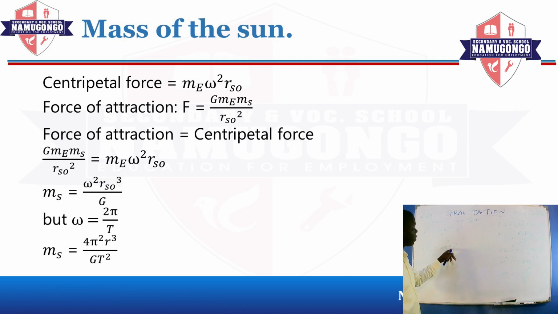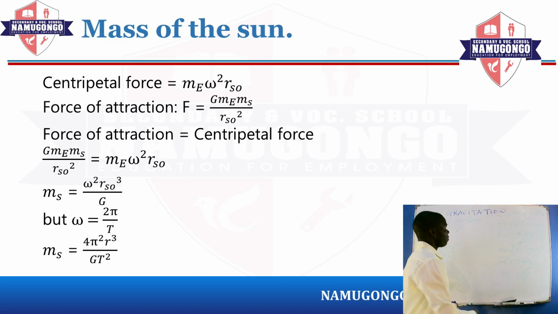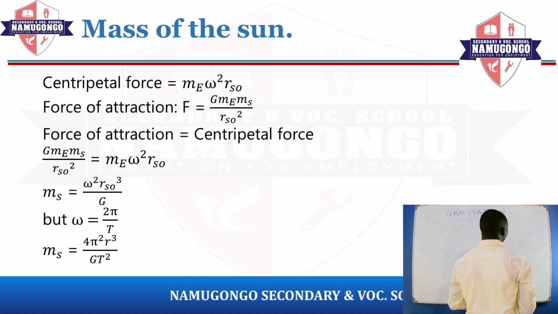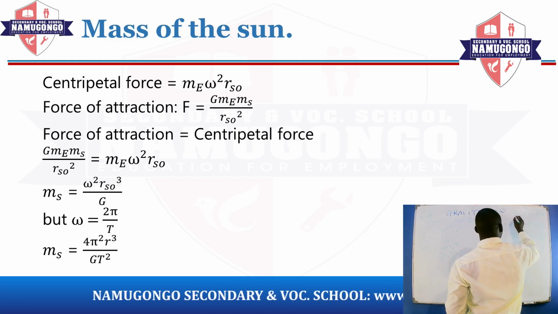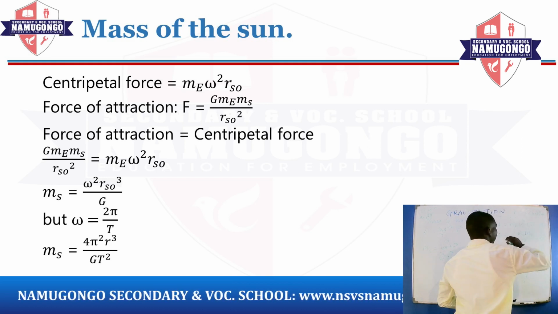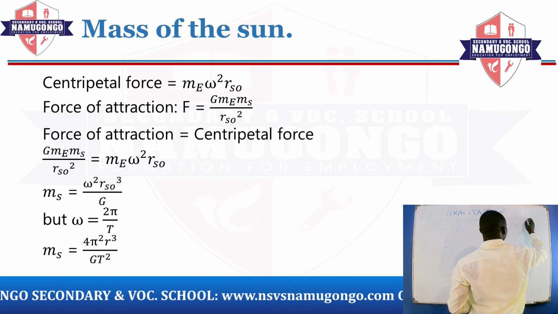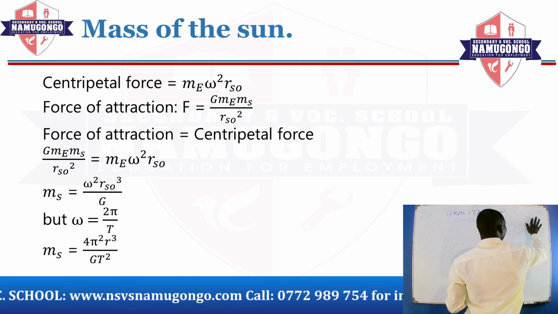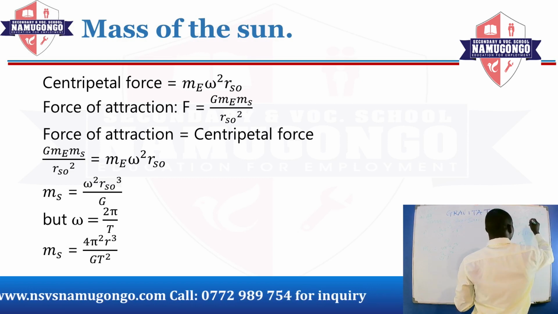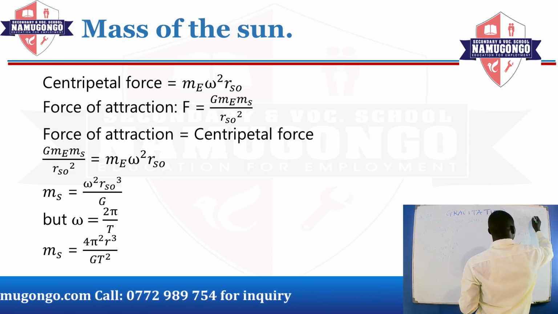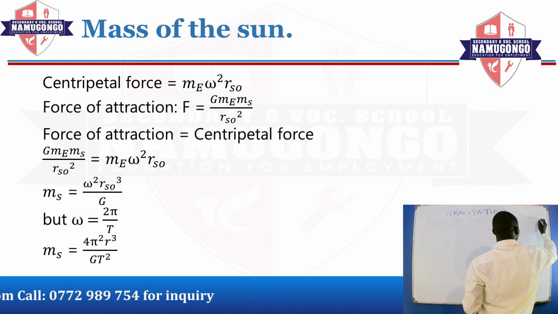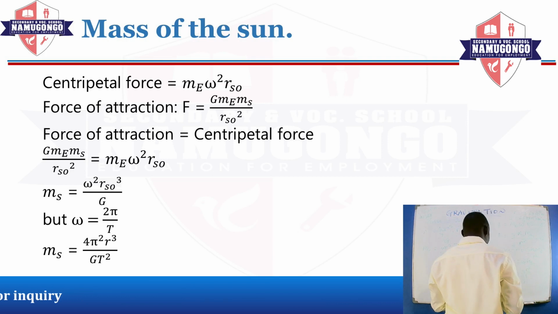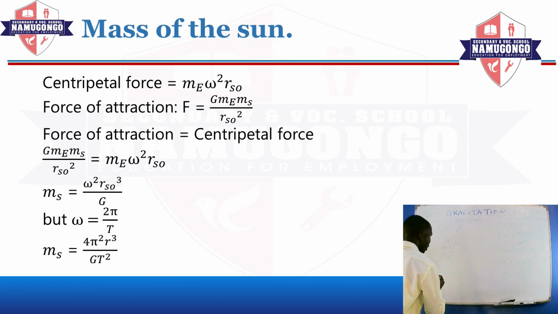This radius of orbit of the earth around the sun, we have said, is given by 1.5 times 10 power 11 meters. Then also the universal gravitational constant G is 6.67 times 10 power negative 11 Newton meter squared per kilogram squared. We are going to substitute those values here.